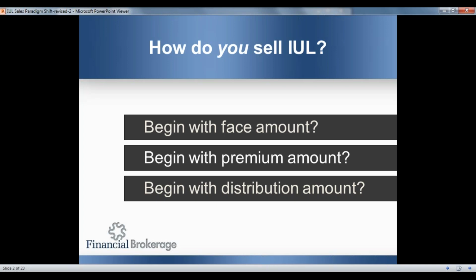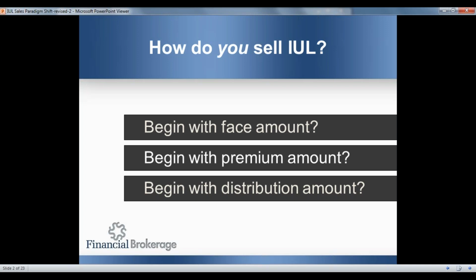The other way you might start with your IUL sale would be starting with the premium. How much can the client pay, or how much would you like the client to pay? How much money are they going to put into this policy? And that actually allows us to run the illustration in an optimal manner. So that's good.